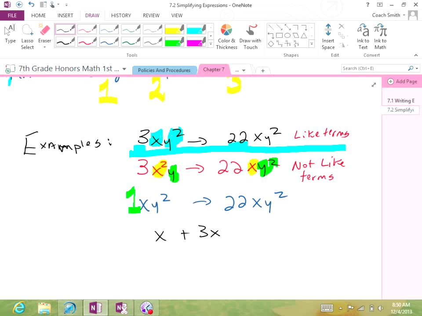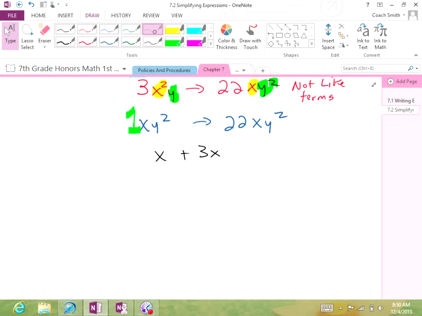Okay, I have x and I have 3x. Let's think back to something I said the other day. If I have x plus x plus x, that'd be like if I had 3 plus 3 plus 3, would that be 3 to the third power? No. Okay. How many x's do I have? 3.